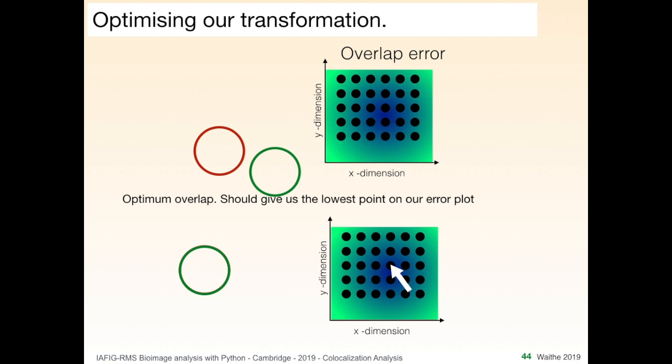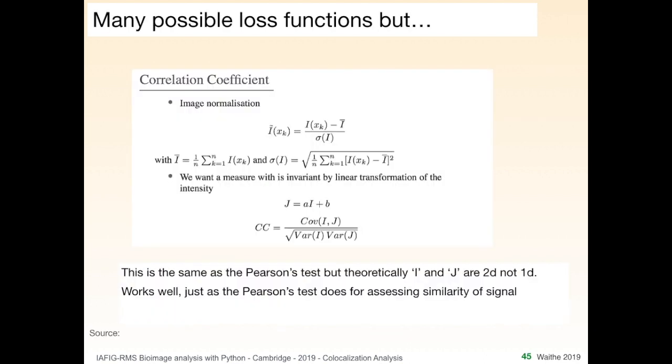And one of the main ways of assessing the overlap, a powerful method which appears again and again, is the correlation coefficient. And this is just the Pearson's equation, but in 2D. So what I was talking about, the Pearson's test, is absolutely applicable to this. Other than that, you just make sure that you've got X and Y involved as well, so you know exactly where you are.